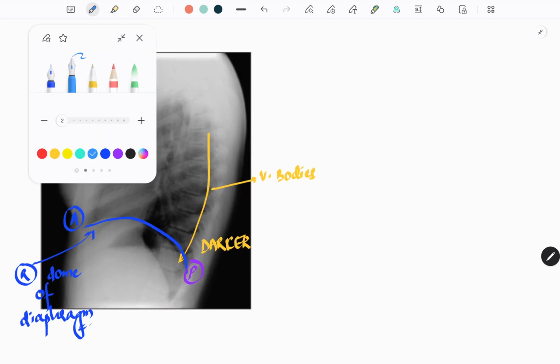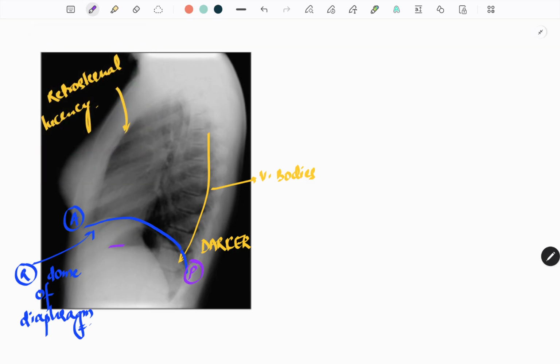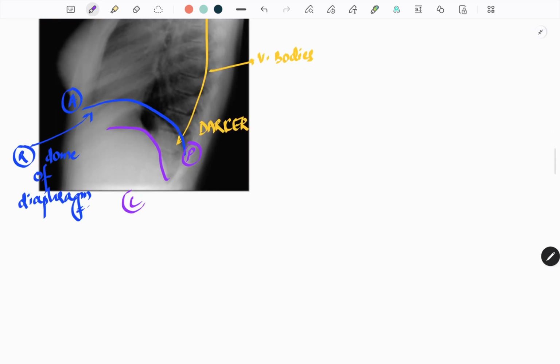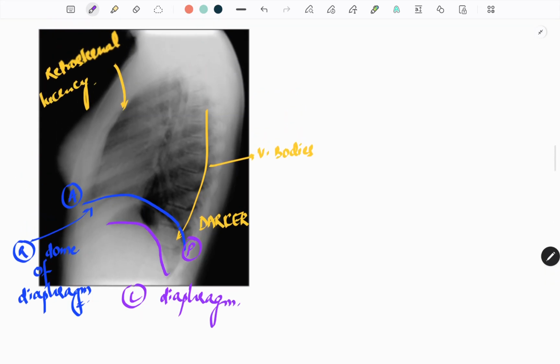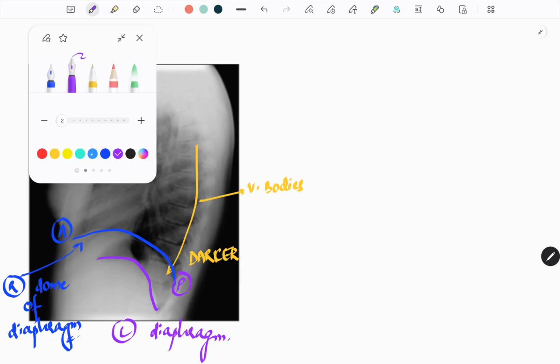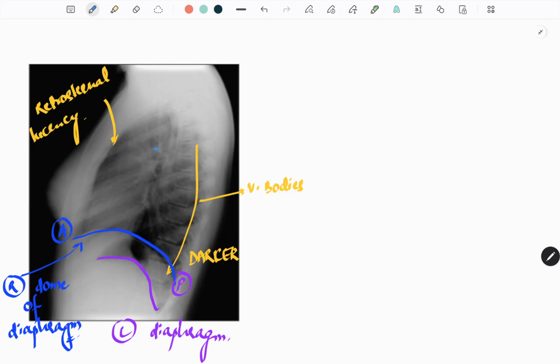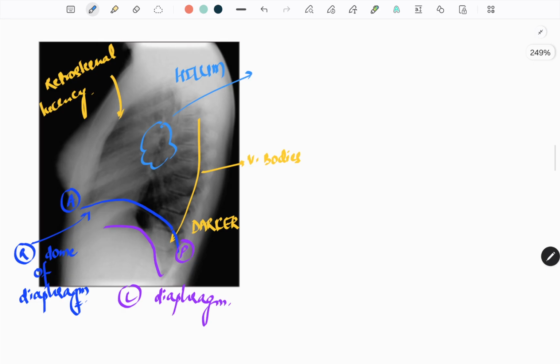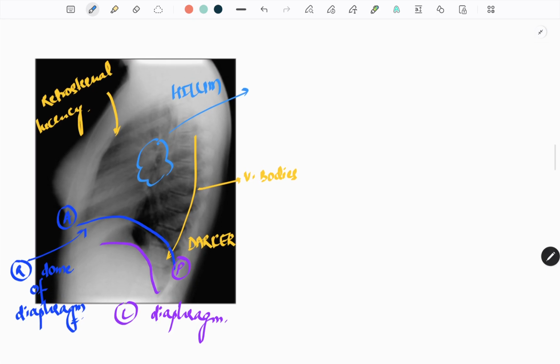Now this is the left dome of diaphragm. Okay. This region is the hilum, basically both the hila.